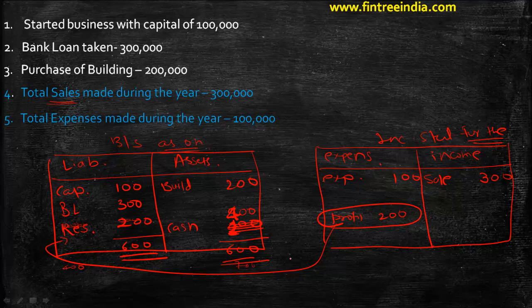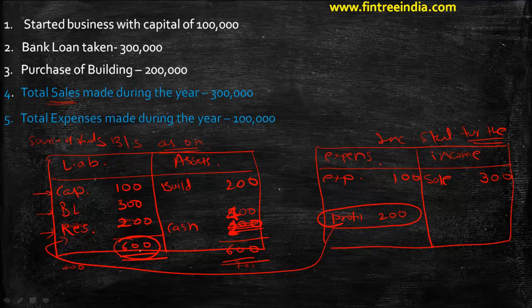So again, going to the same view, if I say that liabilities are nothing but sources of funds. Now sources of funds to the business are 3. Number 1, amount invested by the owner of the business. Number 2, bank loan taken. And number 3, reserves. So the total funds that business has collected are 600.